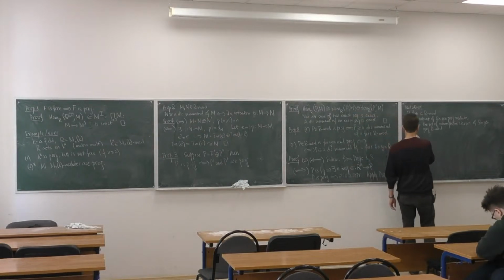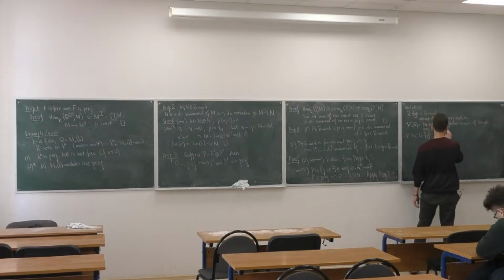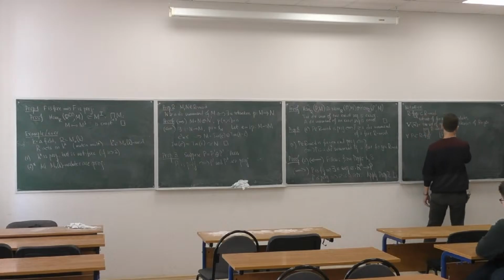So for every finitely generated projective R module P, the respective isomorphism class of P will be denoted like this. This is an element of V of R.